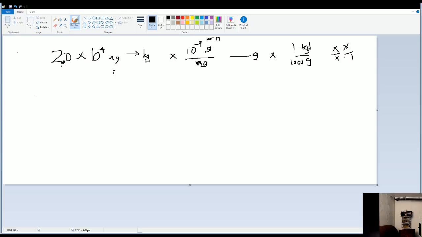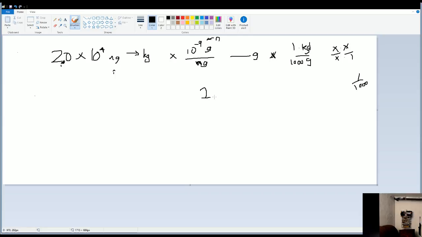So now when you multiply, this is a multiple of 1 over 1,000. So you're dividing by 1,000 really, but it's a multiple still. So you take this number, divide it by 1,000, and that gives you kilograms, and that's it.